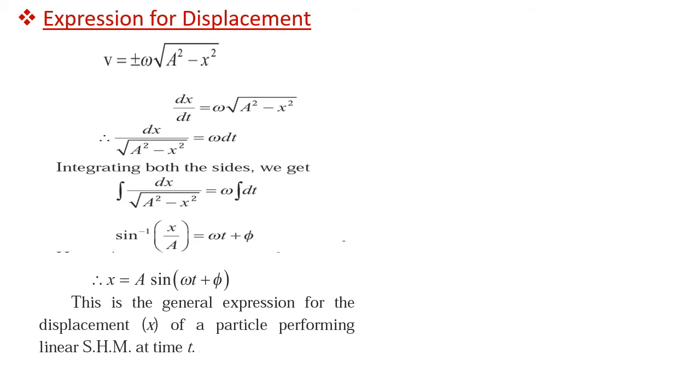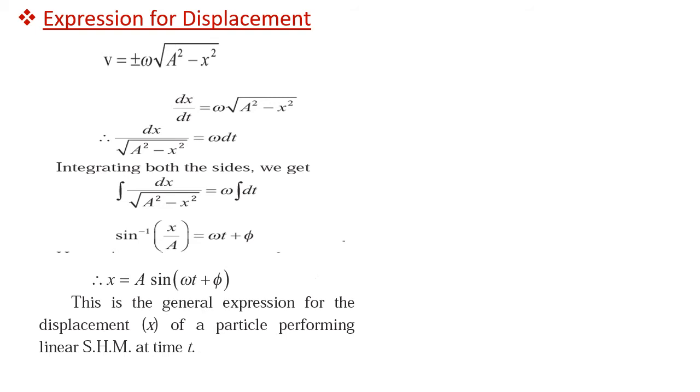So we derived the expression for velocity, and it is v is equal to plus minus omega under root a square minus x square. Velocity we can write as the time rate of change of displacement. So this is dx upon dt is equal to omega under root a square minus x square.